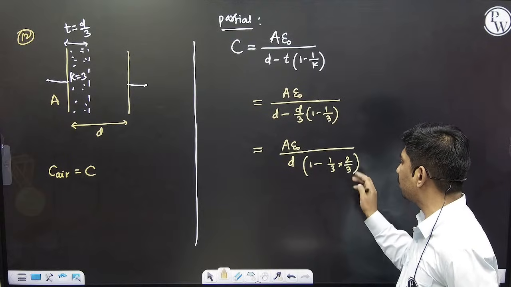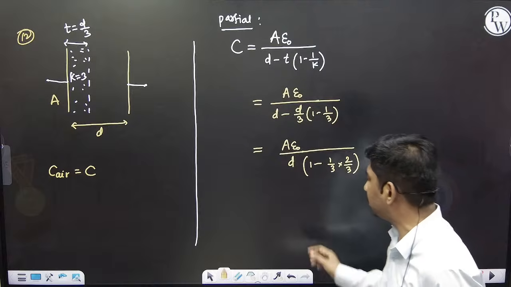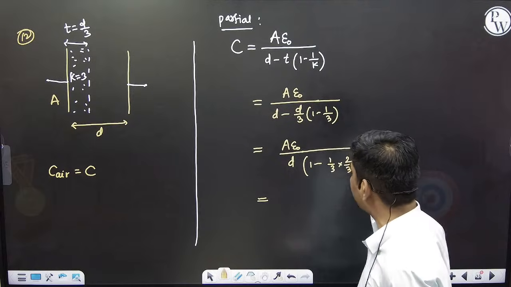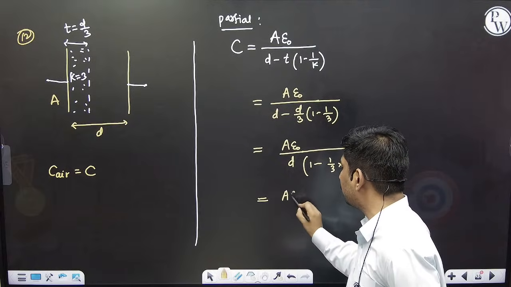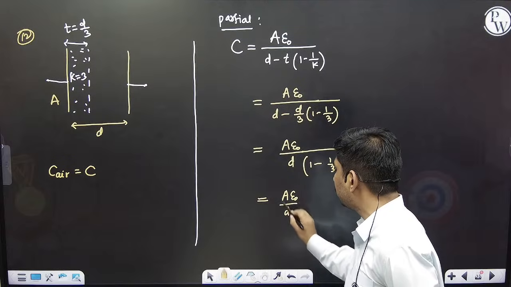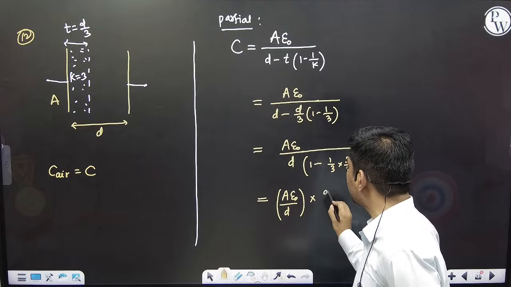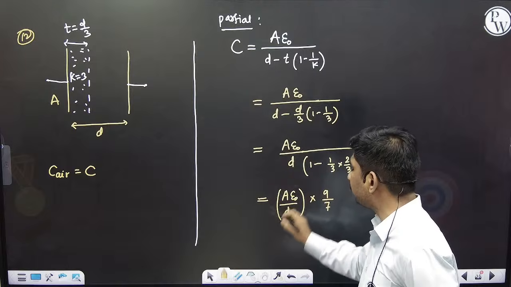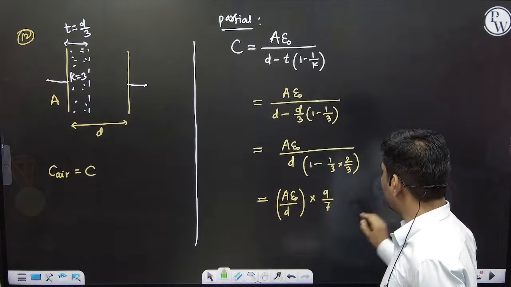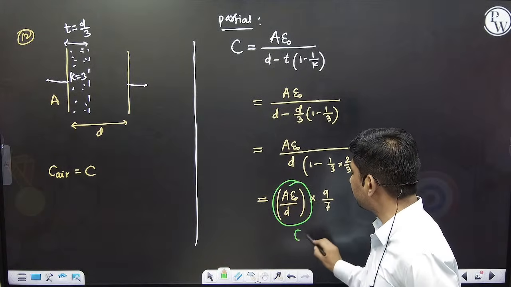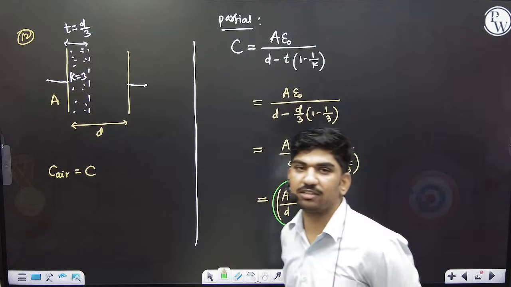So we have here 2 by 9. 1 minus 2 by 9 is 7 by 9. So that 7 by 9 will go here. We will get A epsilon naught by d into 9 divided by 7. And what is this, guys? This is nothing but your C. You can write the answer as 9 by 7 C.